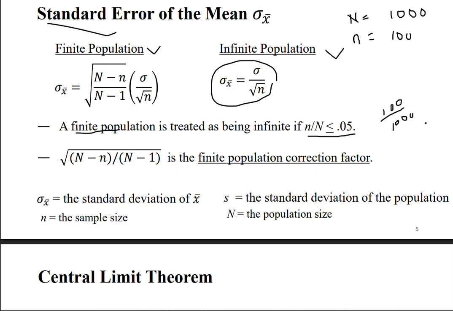When I divide 100 by 1,000, I get 0.1. 0.1 is greater than 0.05, and therefore this population here will be considered as an infinite population, and the standard deviation of the sample mean will be calculated using that formula here. Now, it's important to note that in this course, we will be dealing with infinite populations a lot. And so get yourself ready for that.